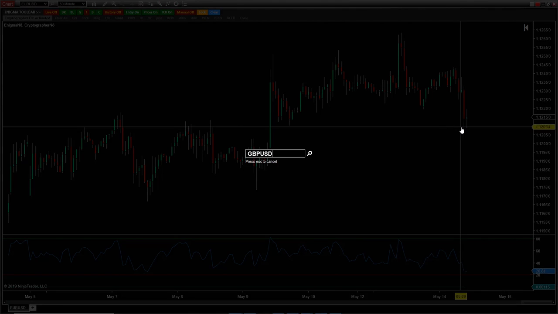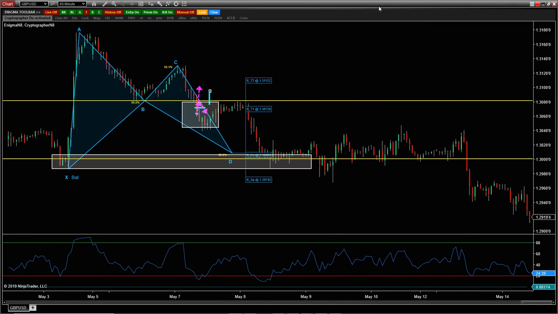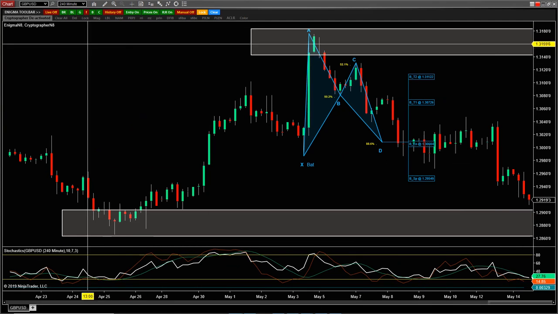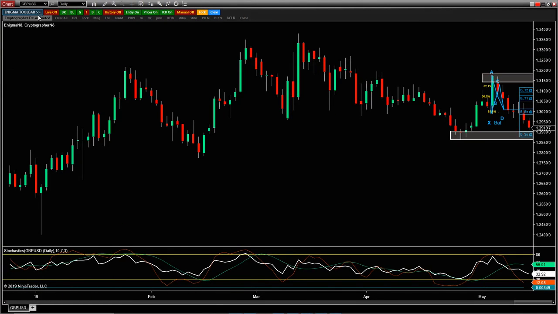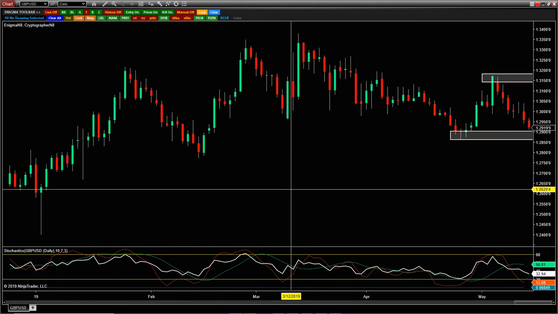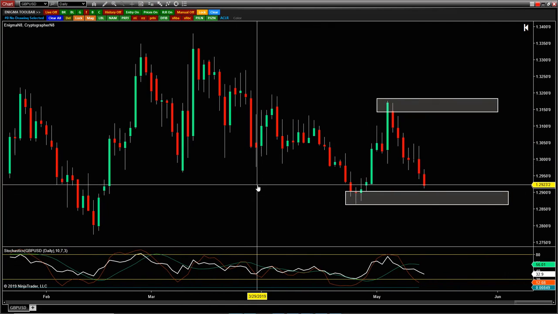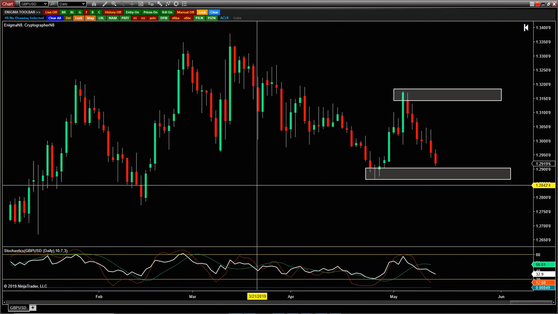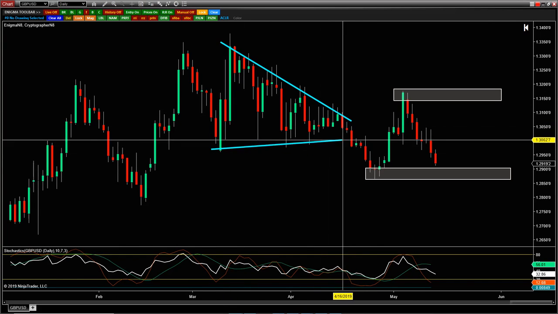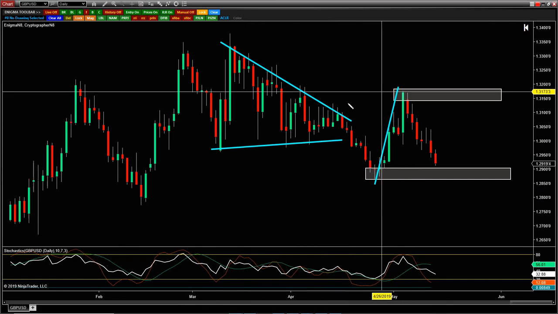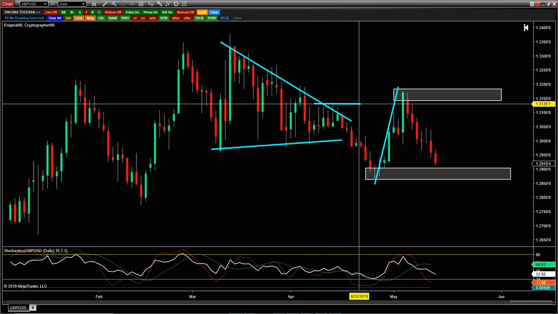Let's head over to the pound dollar next. We do have an advanced pattern formation here on the pound dollar. However, let's start on the daily first and foremost, get an idea of what's going on. Here on the daily, you can see that we had previously our descending triangle. We broke out of that, came back up, put in a higher high, higher close above the level that we're looking to retest.